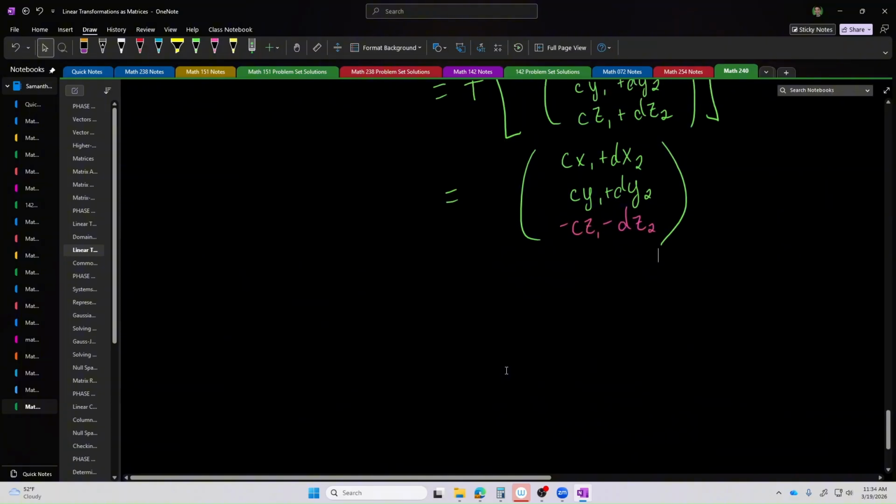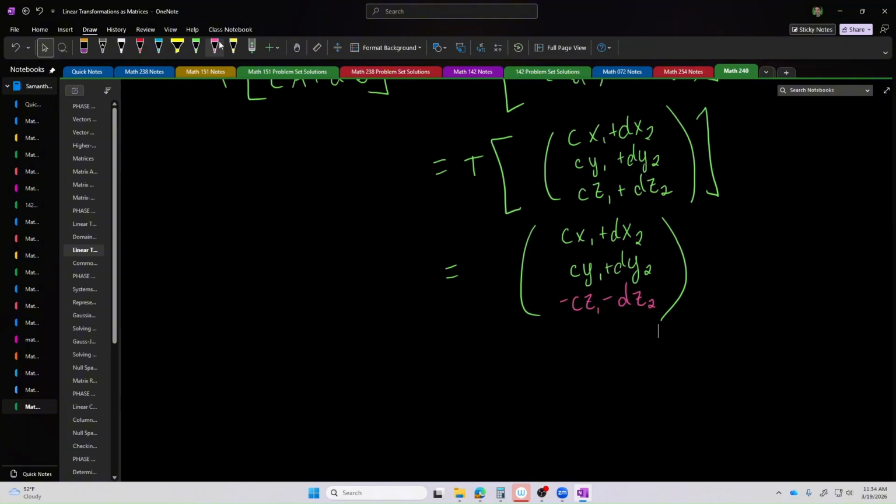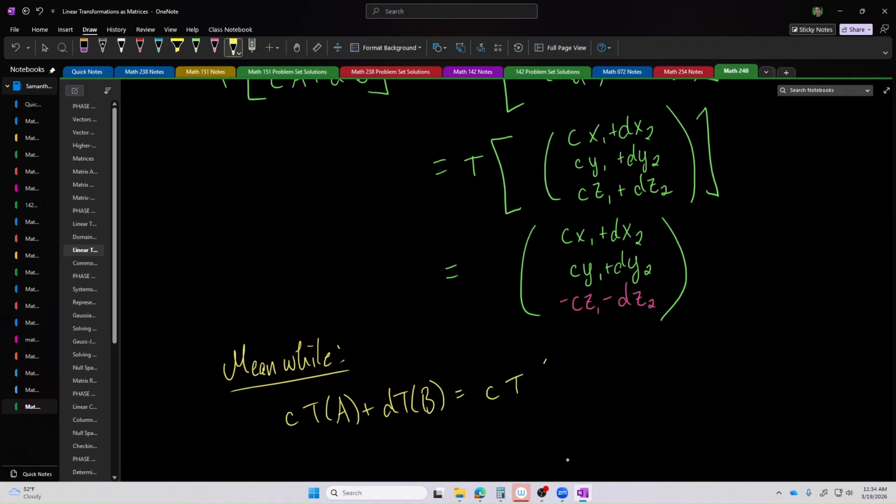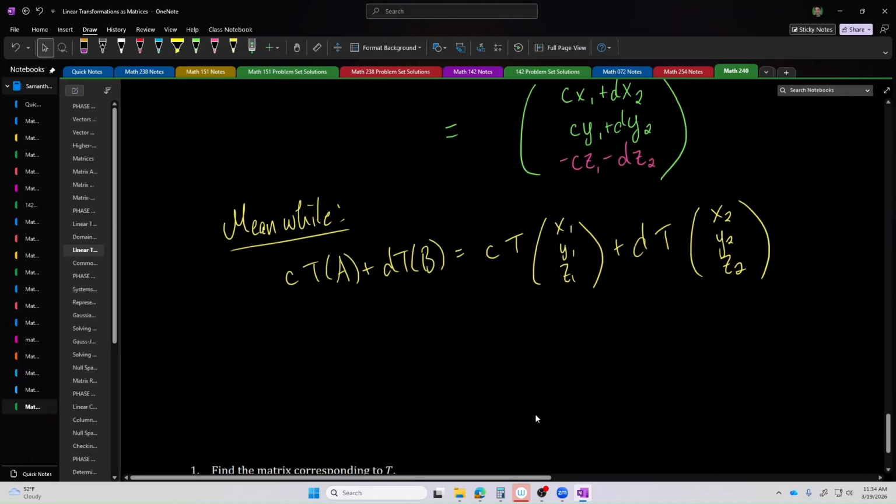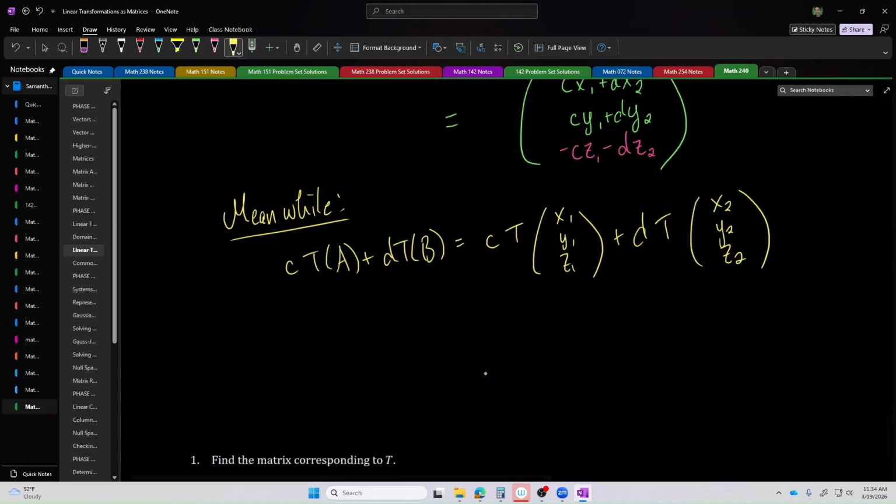Let's go ahead and do the combination with the other order of operations. So meanwhile, let's go ahead and apply T first to the inputs and then combine the outputs. Now, once again, T's job is to take the final entry in the vector, to take the z component and make it negative.